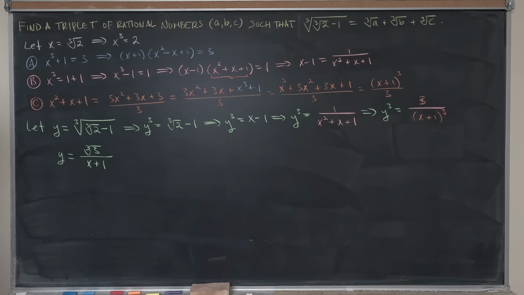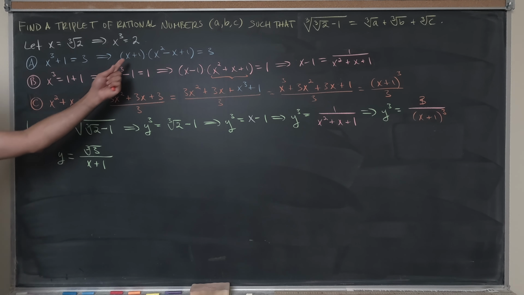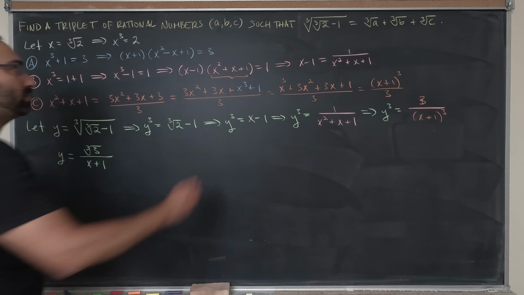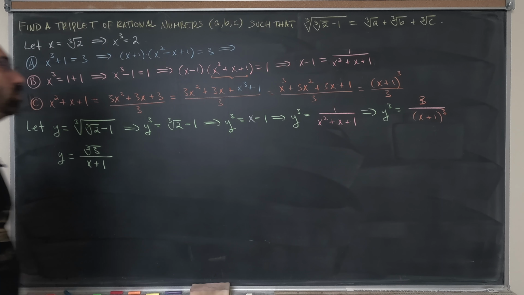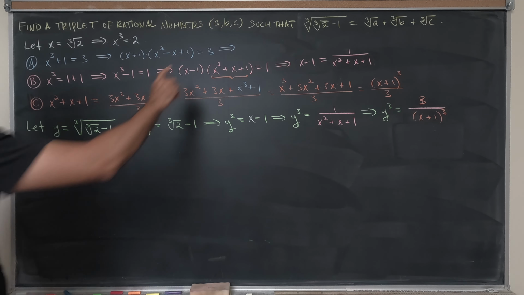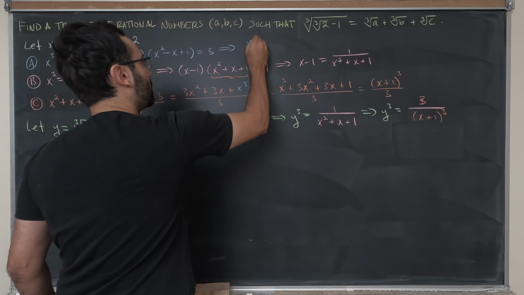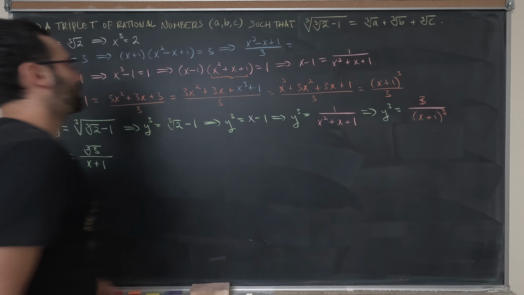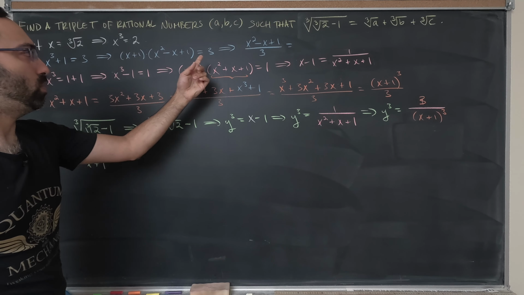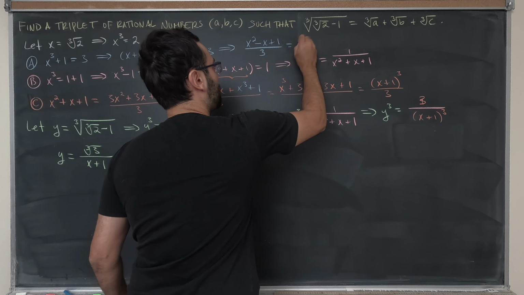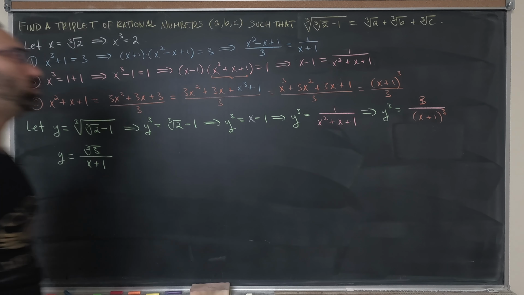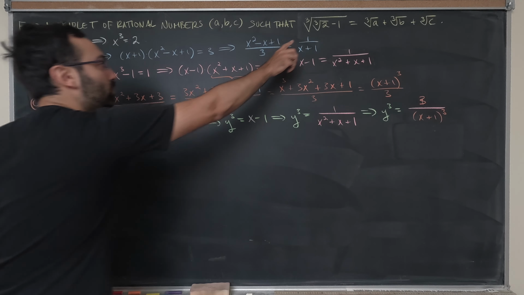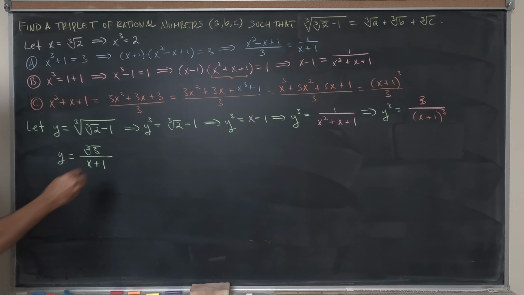But notice where else we have an x plus 1, up here in blue. So what we'll do in blue then is write the following. We'll divide the 3 over here on the left and divide the x plus 1 over on the right. We have a 1 left up here over x plus 1. So now we can sub in our blue 1 over x plus 1 over here.